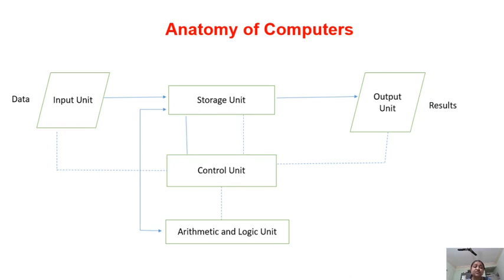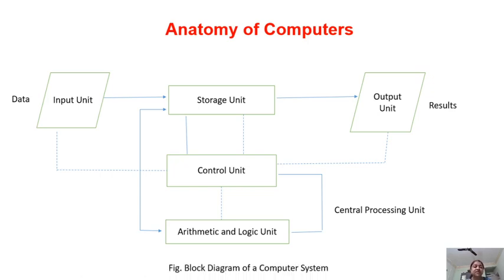This diagram shows how the data from the input unit is transferred to the storage unit and how the output unit gives us the result using the arithmetic and logic unit and control unit. The control unit, arithmetic logic unit and storage unit together are called the central processing unit.